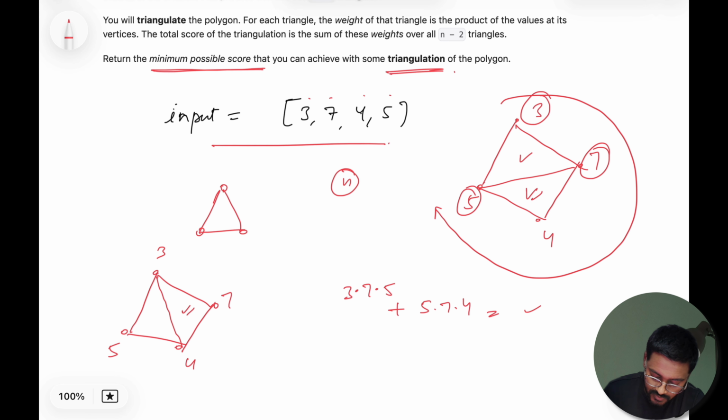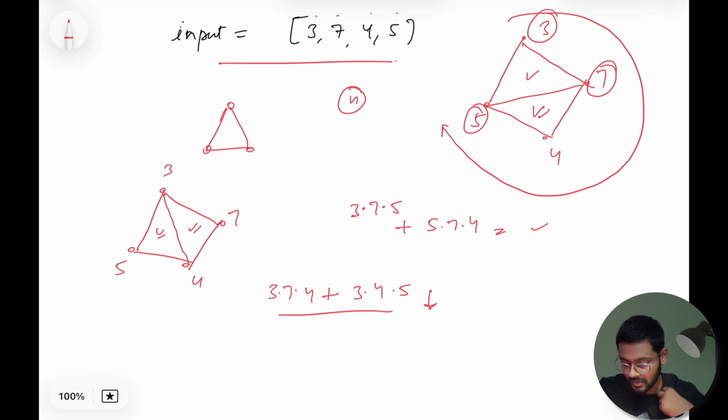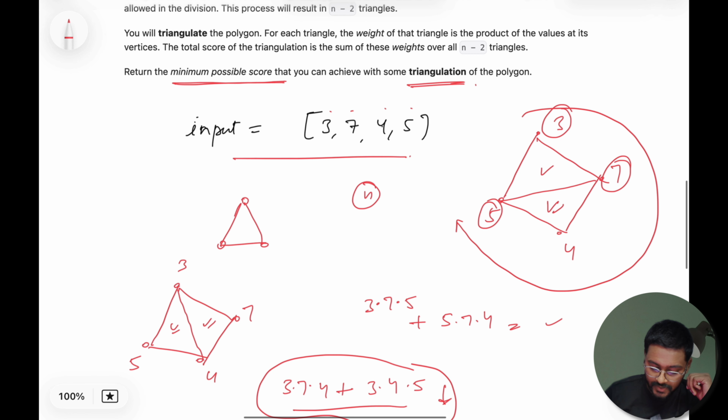This is one triangle whose score is 3 into 7 into 4, multiplying the weights of each point forming that triangle, plus for this other triangle, 3 into 4 into 5. Definitely I can see that this is a bit smaller. So whatever is the minimum score, we'll pick that and that will be my answer.